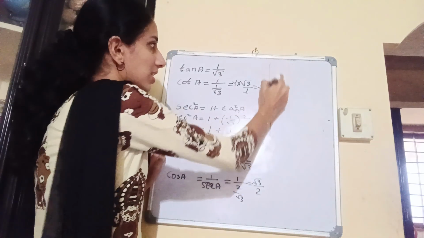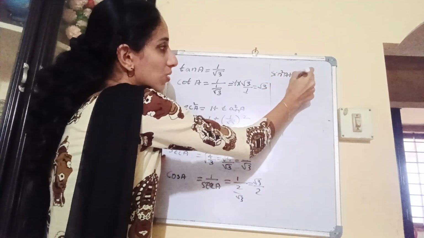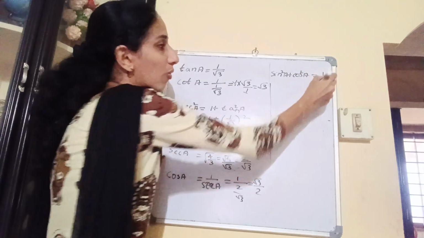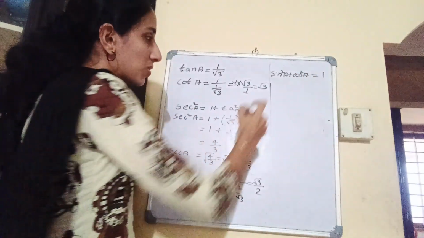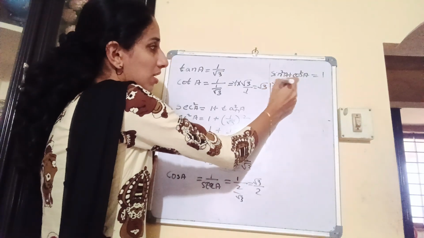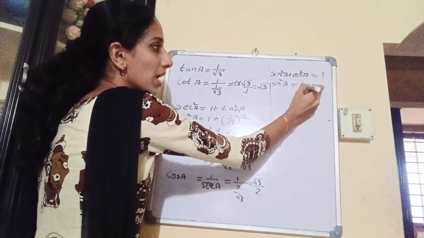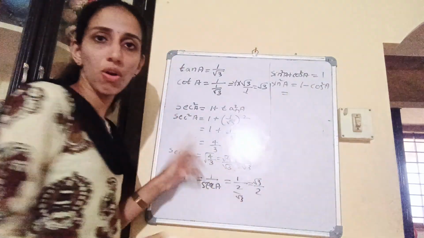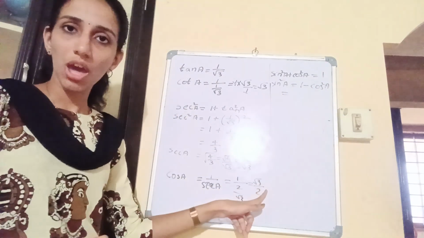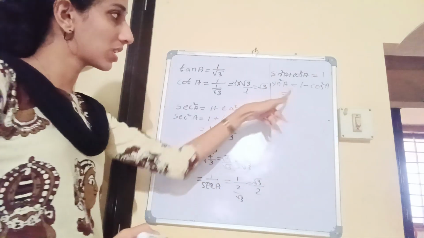So the next identity is sine square A plus cos square A is equal to 1. We don't know the value of sine square A. So what is sine square A? We can find it: sine square A is equal to 1 minus cos square A. And now we have the value of cos A. What is the value of cos A? Root 3 by 2. So just substitute the value of root 3 by 2 in this equation.